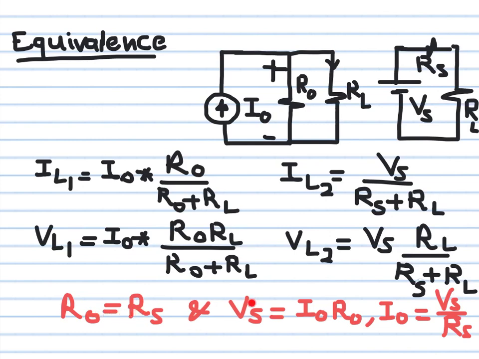The voltage source is equal to I naught R naught. This is the current source here, and this is the value of the resistance. If you know Vs and Rs, the voltage source and the series resistance, then the Norton current, or the equivalent current source, is Vs over Rs. Okay, it's very straightforward, and it's very helpful in some problems in simplifying the circuits.